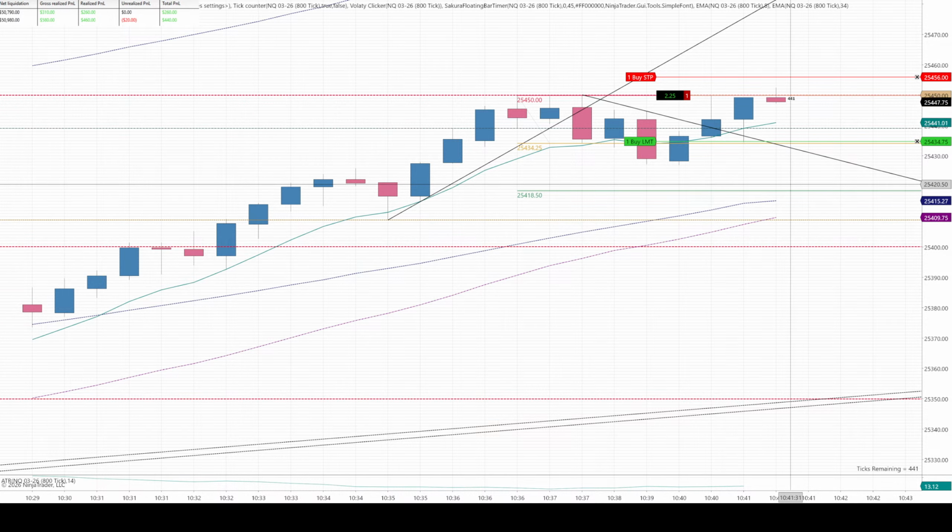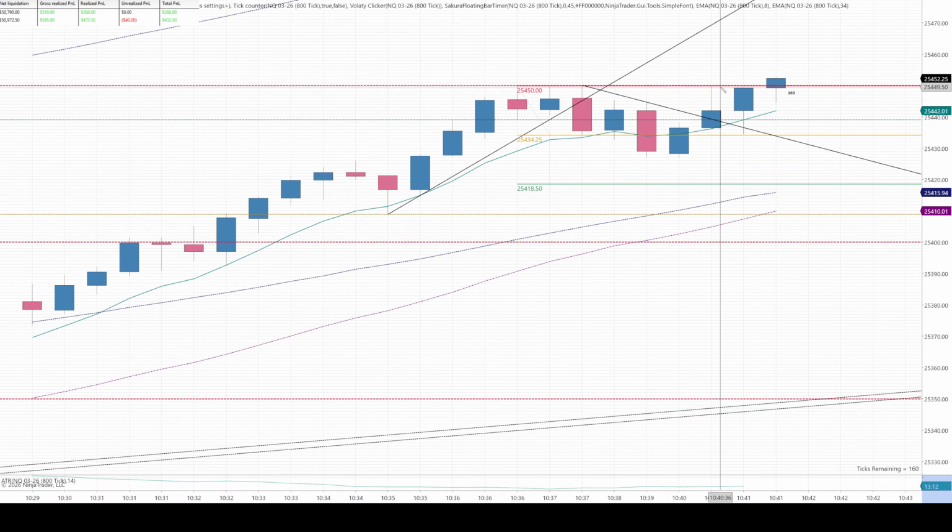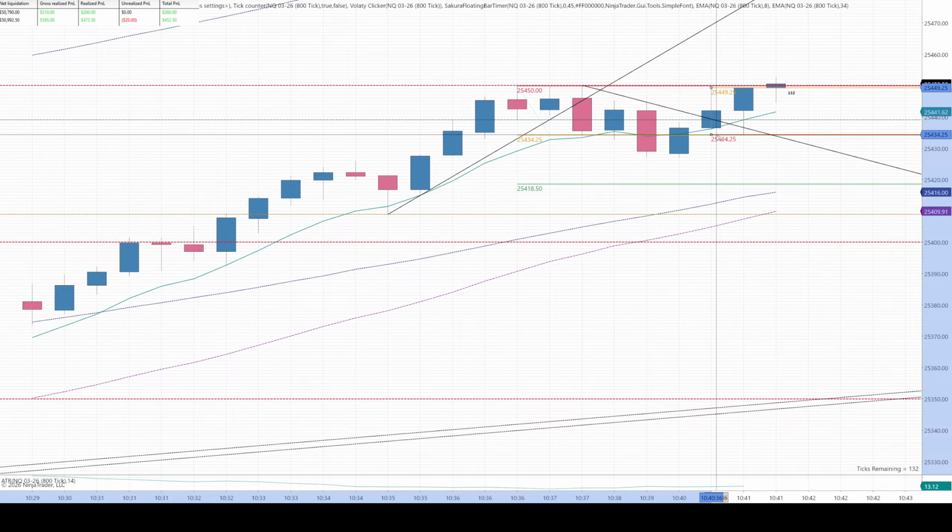Trying to take a short here still. I really believe. Okay, I tried. I moved it to break even. I wanted it to flush like the way it did here, but it doesn't look like it wants to do that. We did get a bullish signal here.